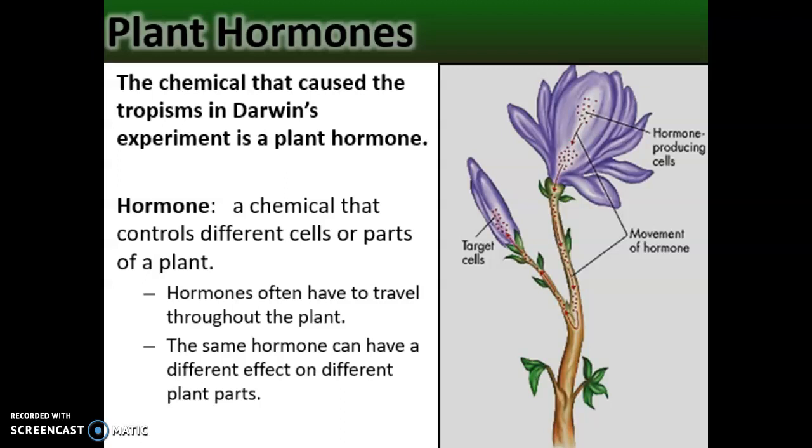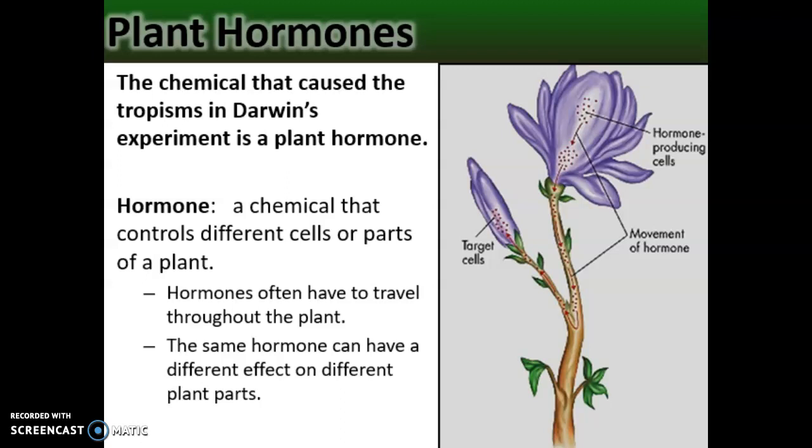So a hormone is a chemical that controls different cells or parts of the plant. Just like hormones that we have in our body, they're often produced in one part of the body in very small concentration, and they travel throughout your body, and they have different effects on different parts of your body. Think about the male sex hormone testosterone.